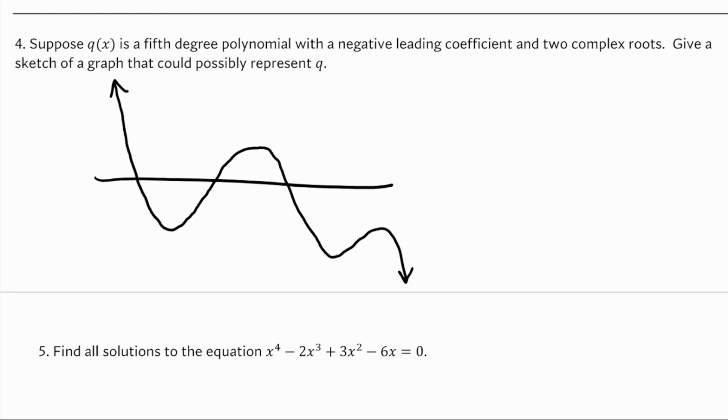Now, a person could also say, maybe one of them was a double root, something like that. That's an option. You could also have a triple root, and then one more turnaround. These are all options that some people gave, but I think the most common answer is the one that I've got here big on screen.